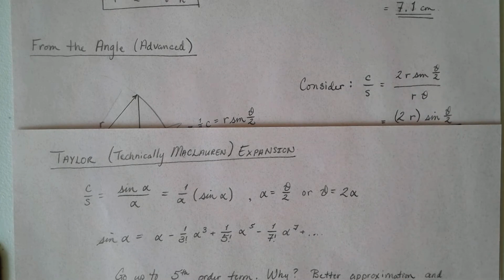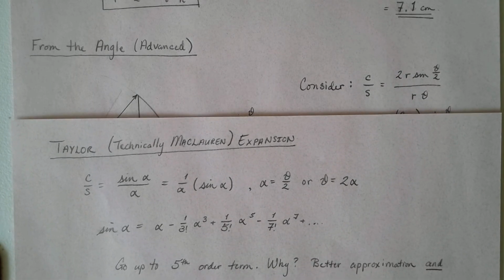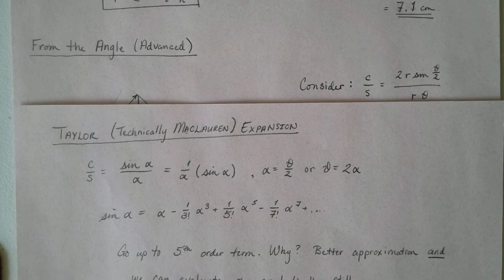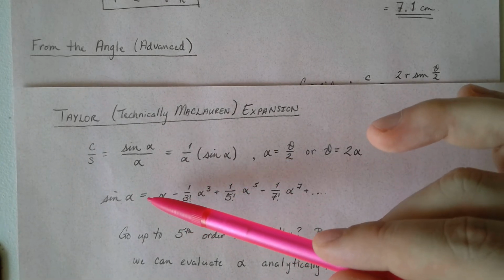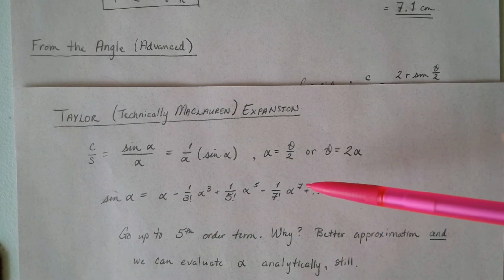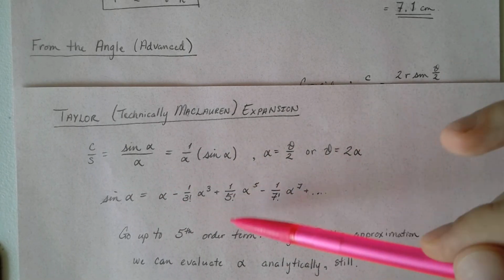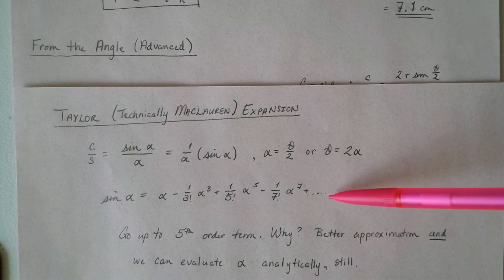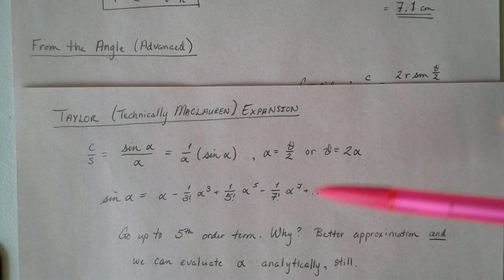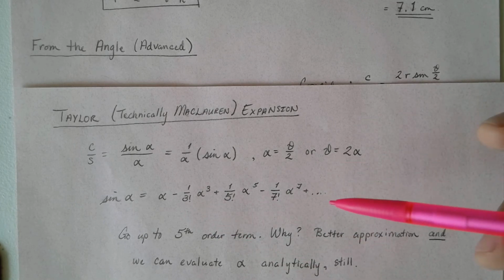Typically, we just call it the Taylor expansion, even though we do use the Maclaurin expansion in most of these types of derivations. So here, I've already written out the Taylor expansion for sine alpha. This requires a bit of derivatives and all that sort of fun stuff, but effectively we get something that looks like this for the expansion of sine alpha in terms of alpha.